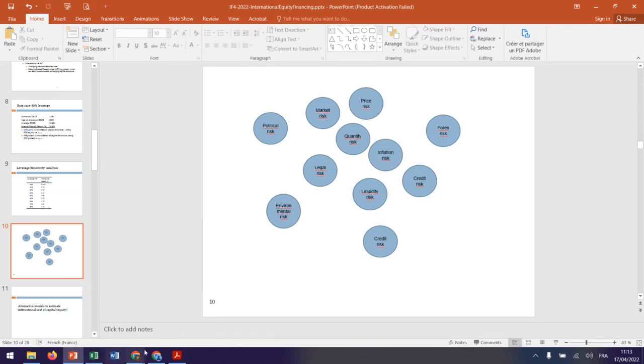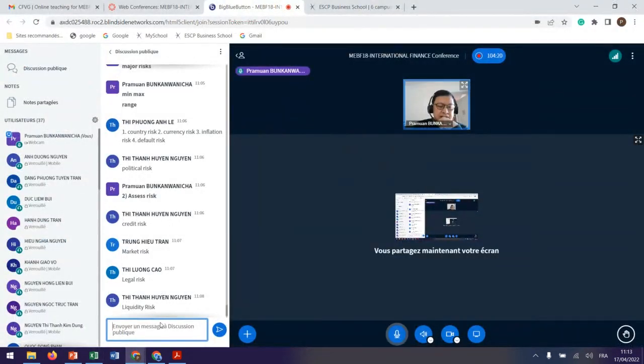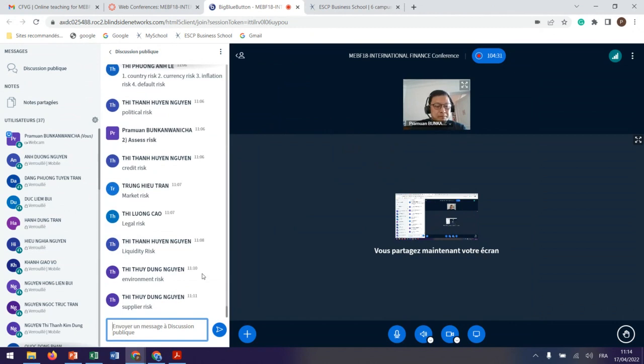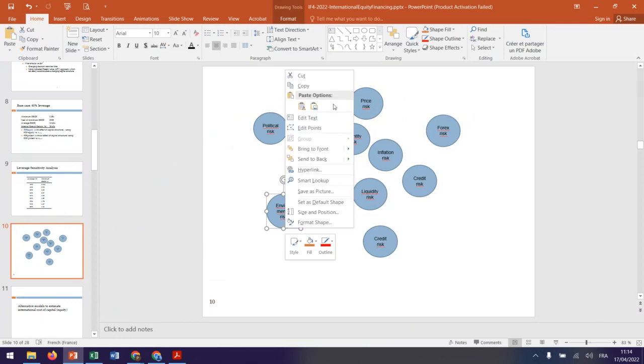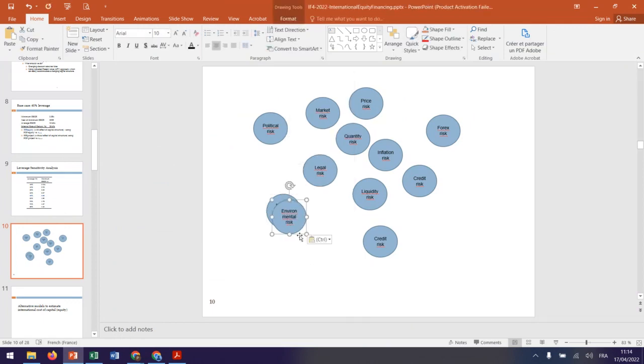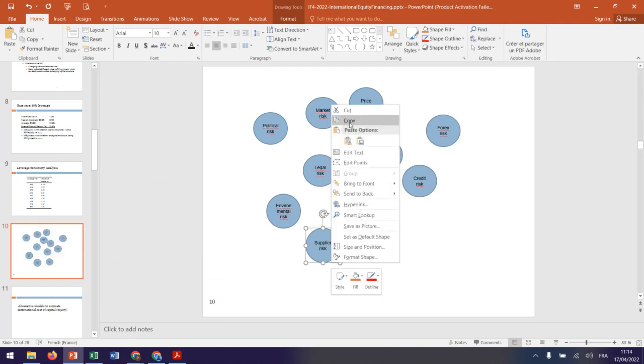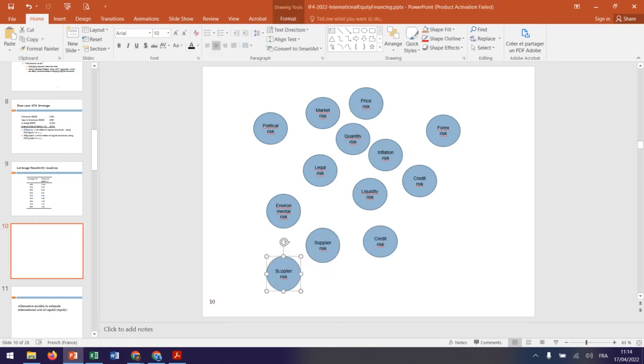So what else? Liquidity risk, anything else? Supplier risk, very good. So supplier risk, and that can also be related to operational risk, right?